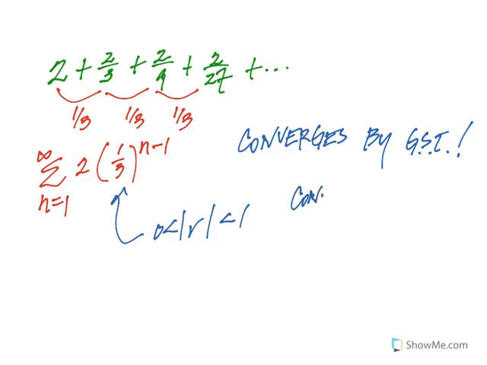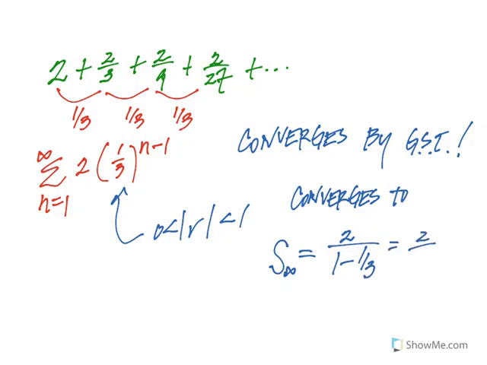And it also converges to, we'll call this S sub infinity, that is the infinite sum. You've got the first term in the sequence, that is 2 over 1 minus 1/3, which is 2 over 2/3. The answer turns out to be 3.